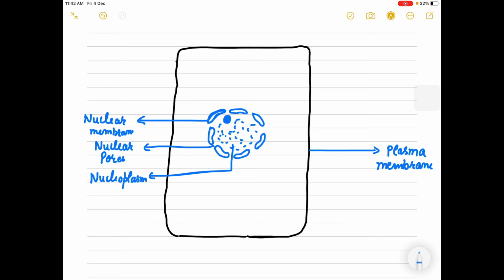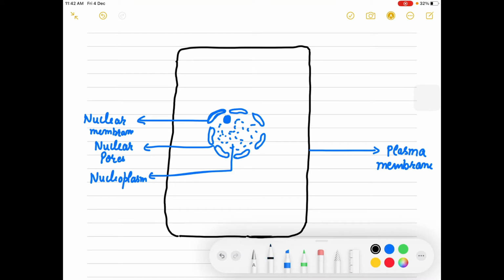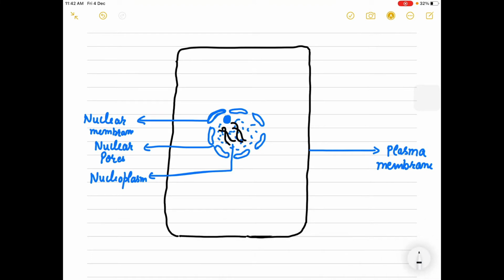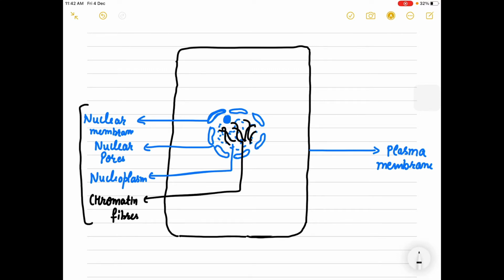So: nuclear membrane, nuclear pores, nucleoplasm. What is left? One thing is left, chromatin fibers. So draw chromatin fibers. All these things together make the eukaryotic nucleus. As well as one more thing which was left, the nucleolus, right? This one is clear.